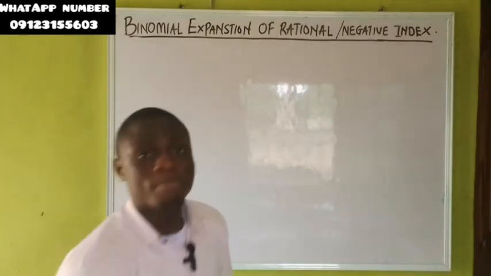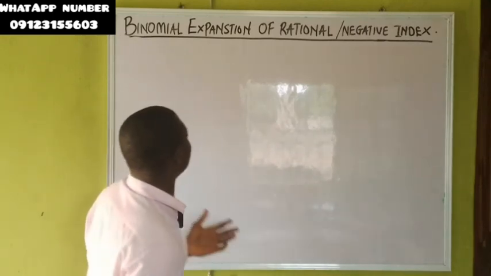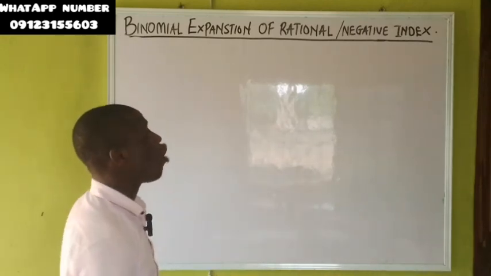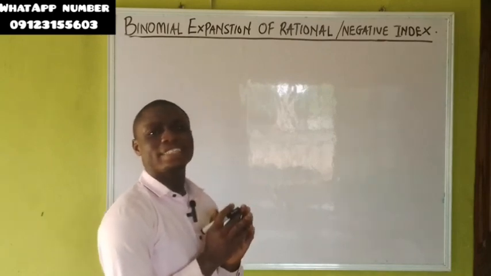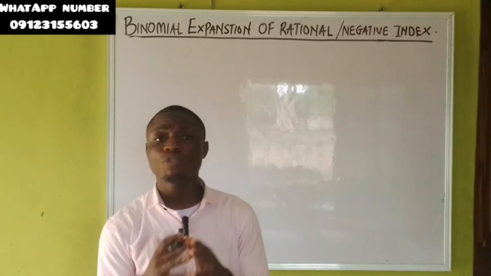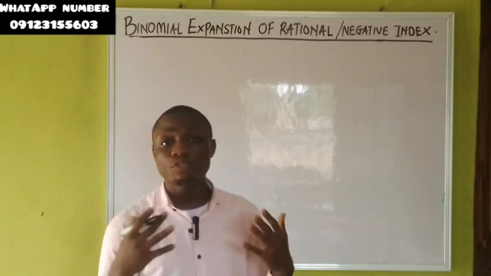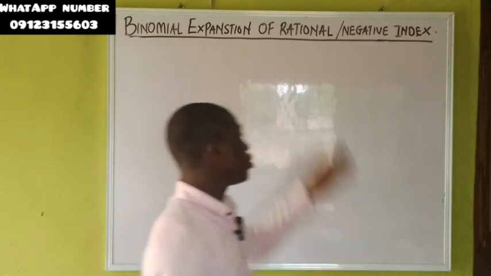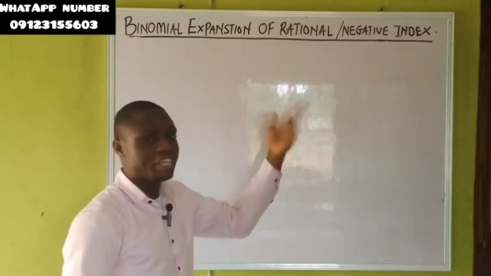For the concept behind binomial expansion of rational or negative index, there is a formula which I'm going to give you now. That is the formula we'll use to attempt questions on rational or negative index.